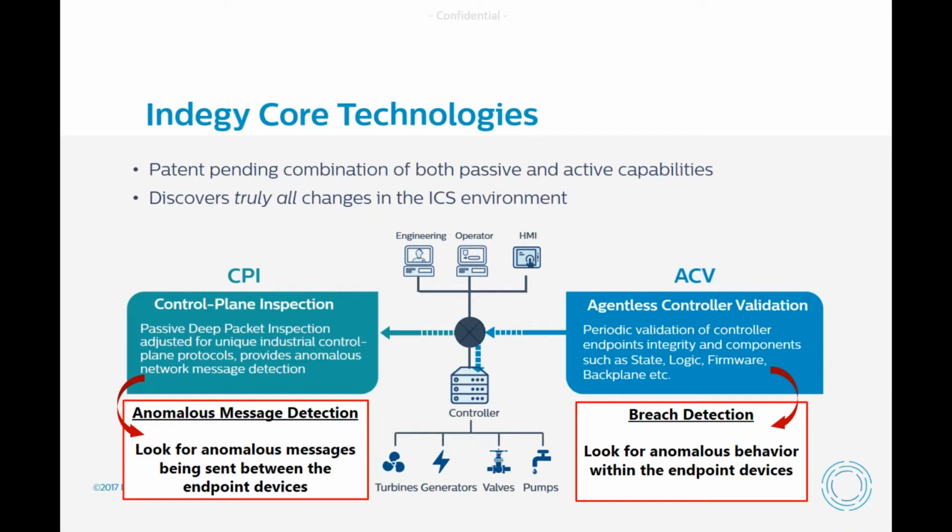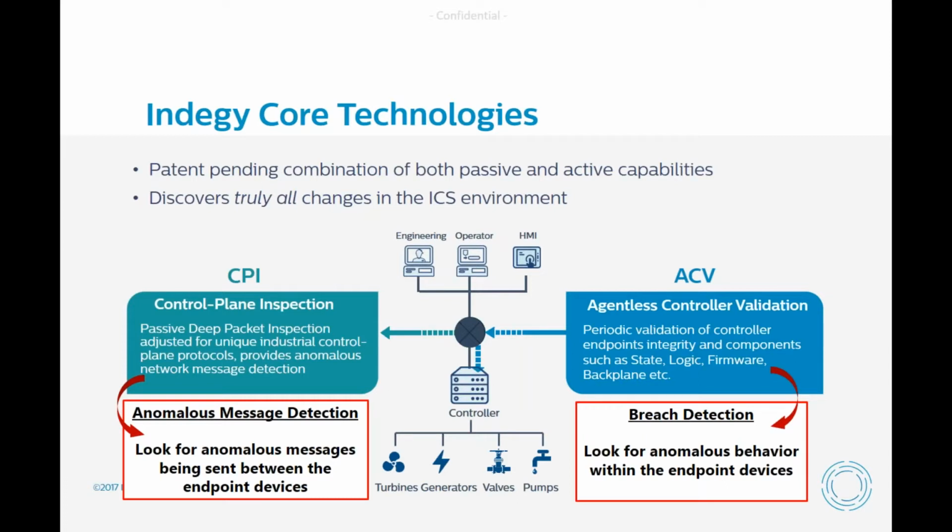For example, 30,000-foot view, it might be normal to see traffic between an HMI and a PLC. But if you get down to the 1-foot view using deep packet inspection, you may see that instead of using the usual commands, it's doing something like updating the firmware or some dangerous activity on that device. So you need to have multiple perspectives from high level into very detailed inspection of that traffic.